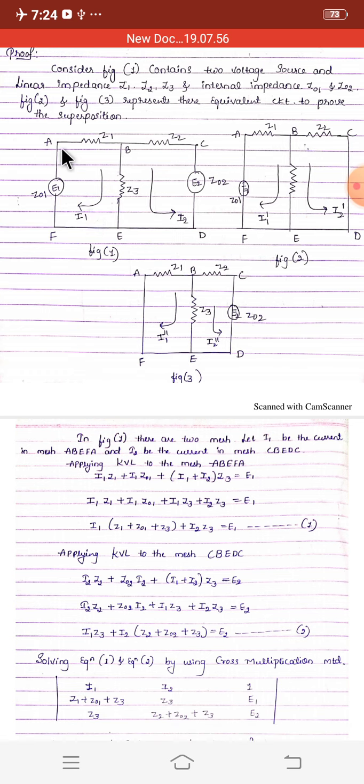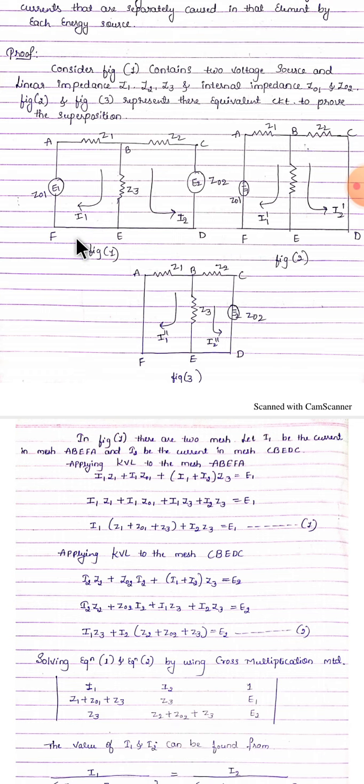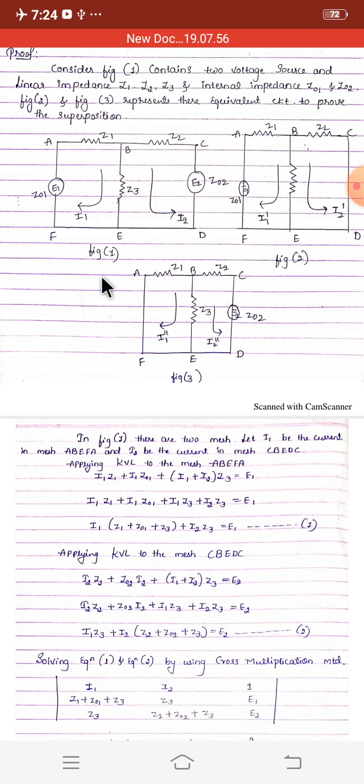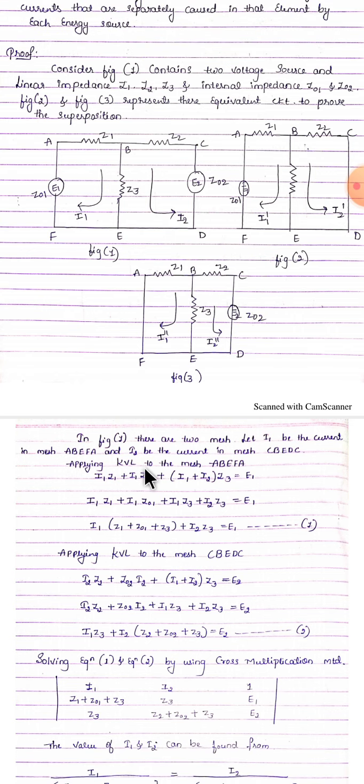And let I2 be the current in mesh CBEDC, the current flowing through the second mesh, that is BCDEB.